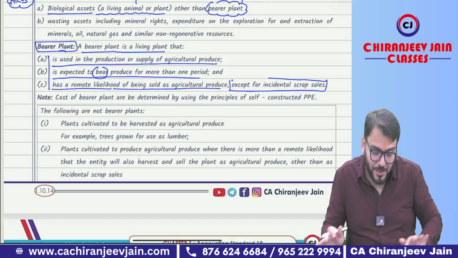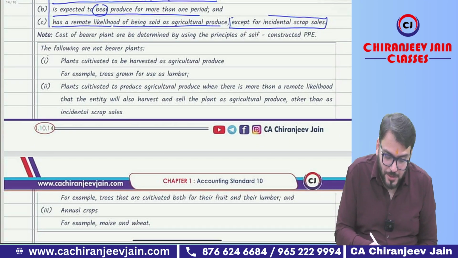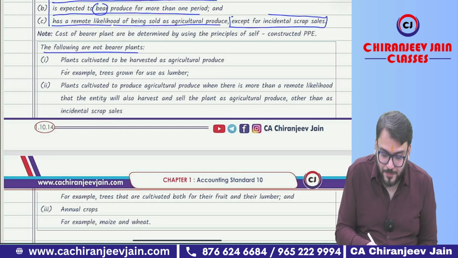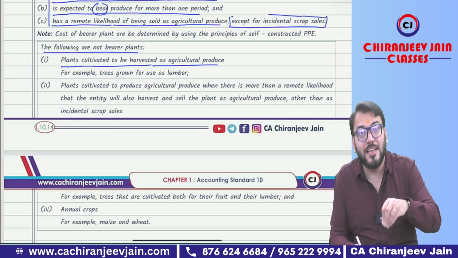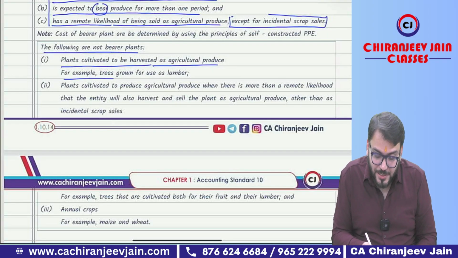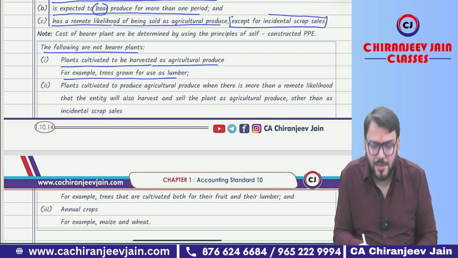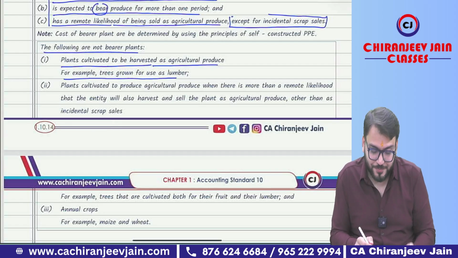I think you have understood. Some examples are given. The following are not a bearer plant. Plant cultivated to be harvested as an agriculture produce. The plant itself is an agriculture produce. For example, tree grown for use as lumber. Lumber means wood. Correct?